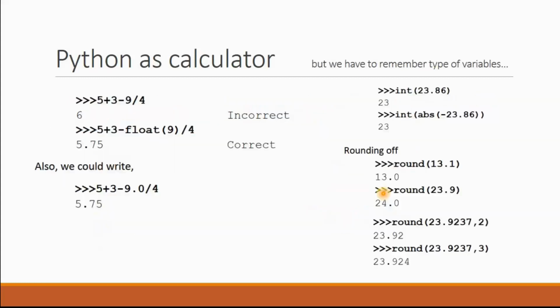So what I was talking about, that we have to remember the type of the variables, because in some interpreters what happens is that if you write something like this, say 5 plus 3 minus 9 by 4. So 9 by 4 is supposed to be a fraction. But all the numbers that we entered in this line are all integers.